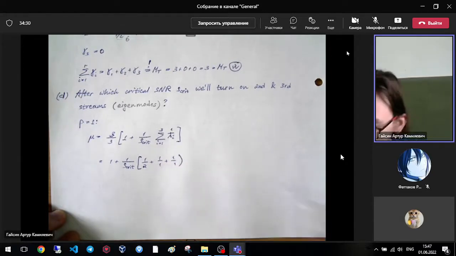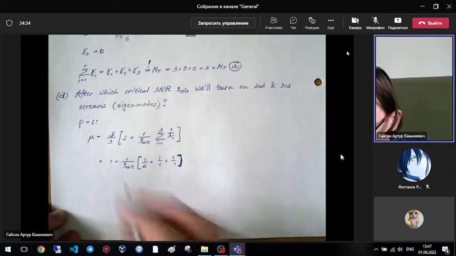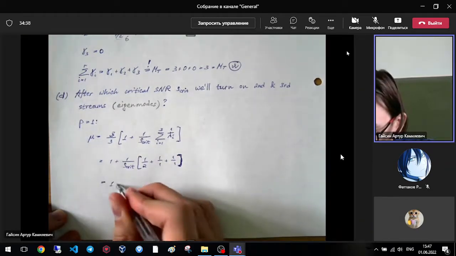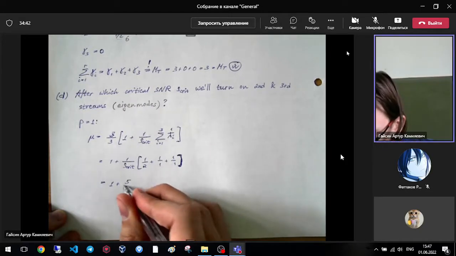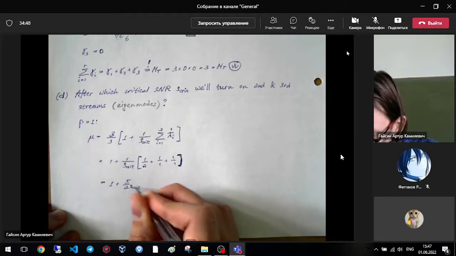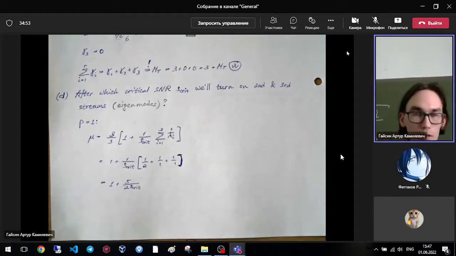So it is 5. Oh, sorry, it is 5 divided by 2. And we can say that our mu should be equal to 1 plus 5 divided by 2, and here also rho critical. So I think this is the first step.